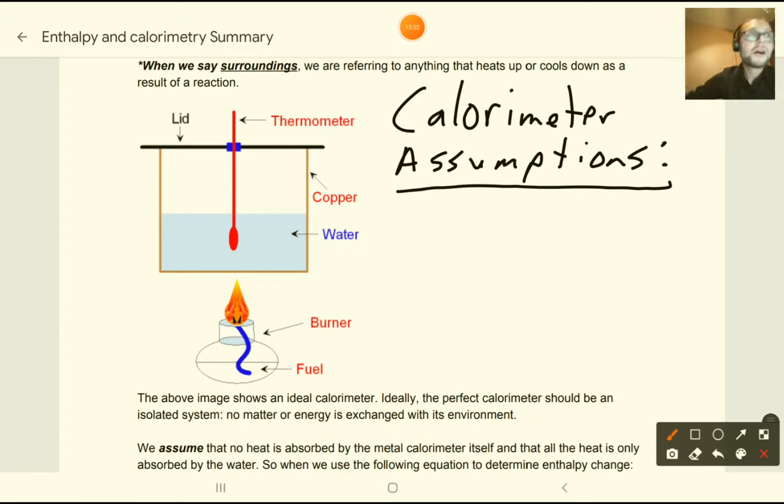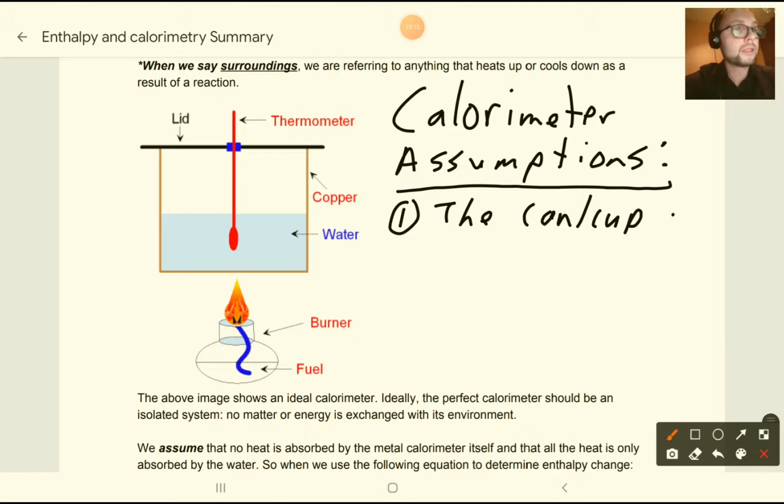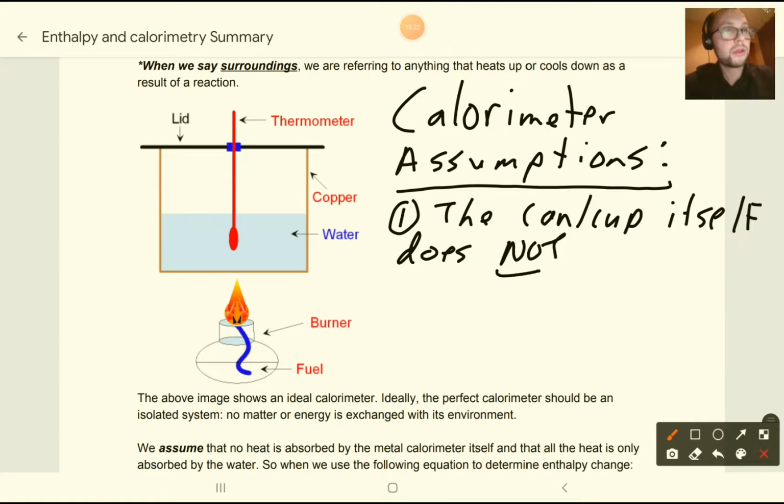And so to close off, we'll list some other calorimeter exceptions that we make. And one of them, the first and foremost, is that the can or cup itself does not absorb heat.